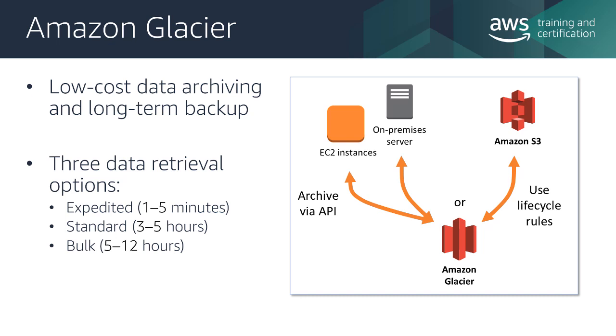It's not considered available as far as data retrieval. When you make the API request, standard retrieval, you're looking at 3 to 5 hours to get your data back. In bulk retrieval, it could take half a day. As long as your data needs can wait this time, Glacier is incredibly cost effective.